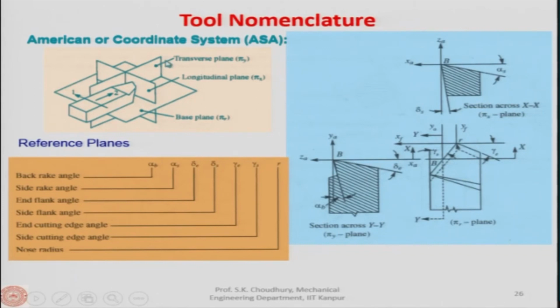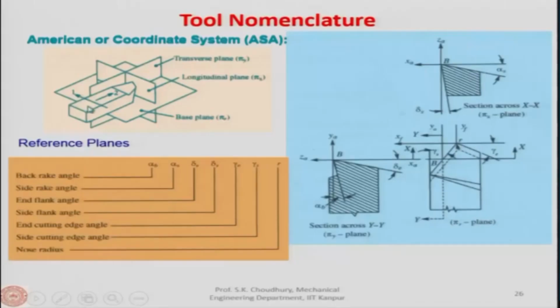One is the transverse plane, along the transverse feed. I will remind you that this is the feed where the tool moves perpendicular to the axis of the workpiece, where the facing operation is done. So, that is the transverse plane along the transverse feed.